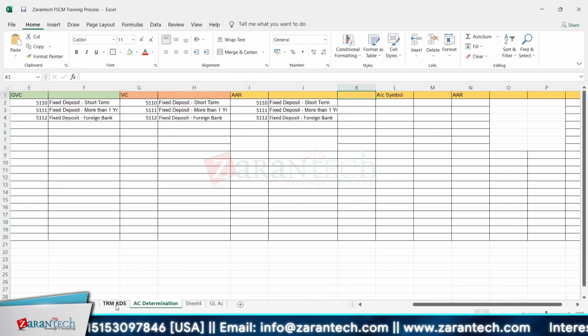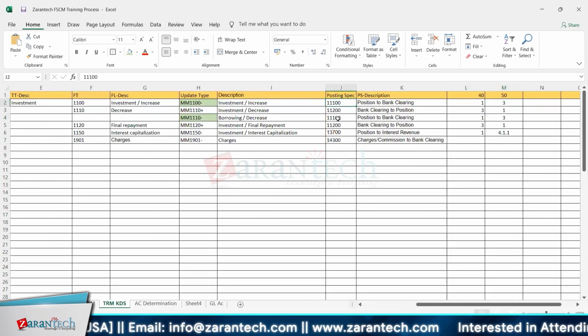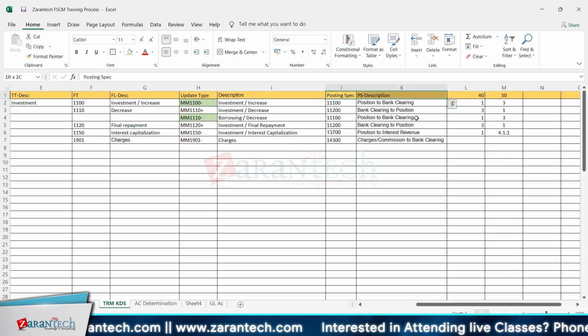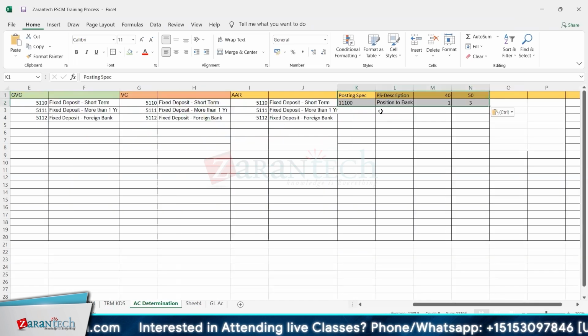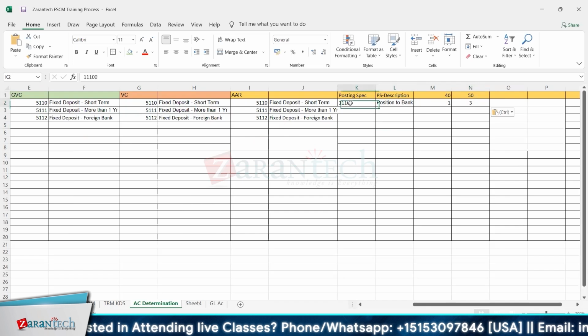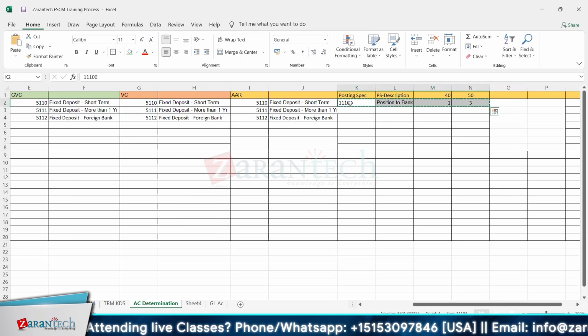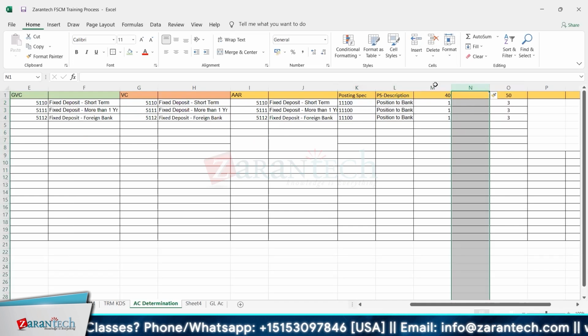So for this, here you can map the GL accounts.